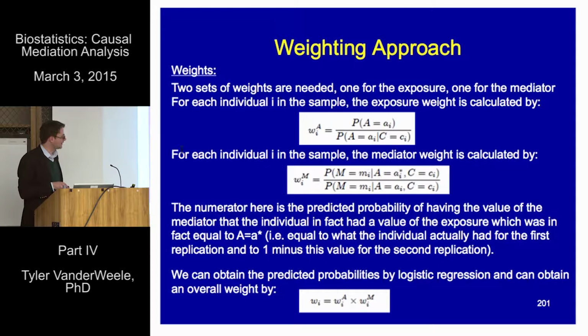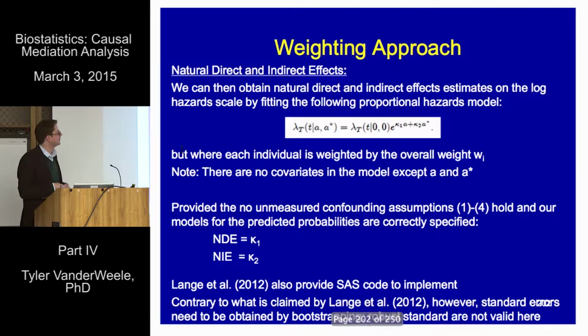Our overall weight is just the product of these two weights. And essentially what these weights allow us to do is to adjust for confounding using weighting rather than regression. So we've modified the data set, we've calculated these weights, and then to get our natural direct and indirect effect estimates, all we do is we fit a proportional hazards model of our outcome on A and A star as covariates.